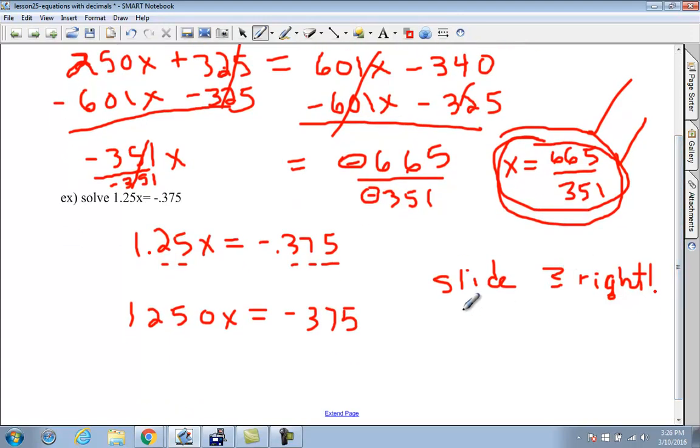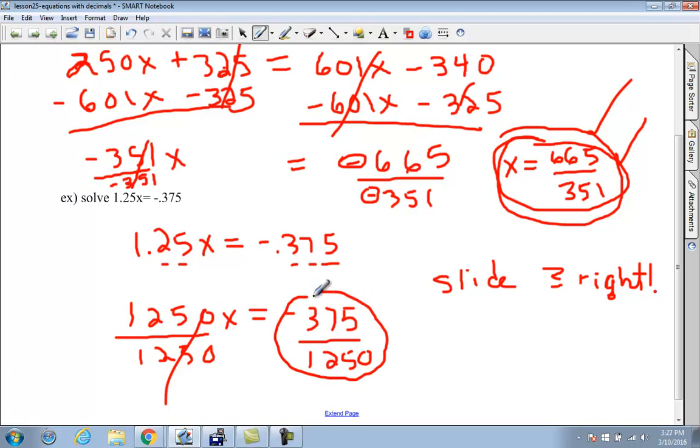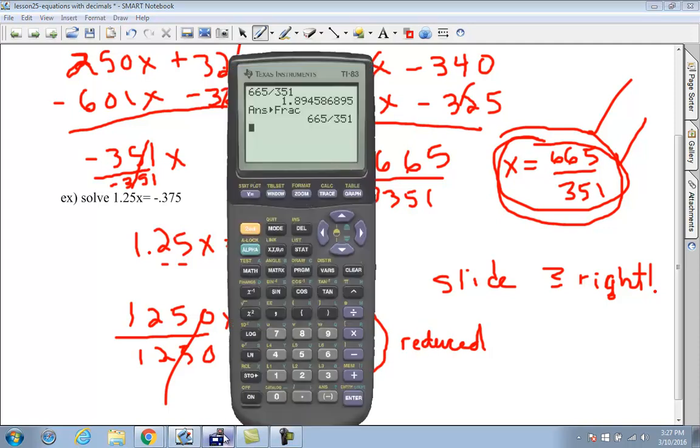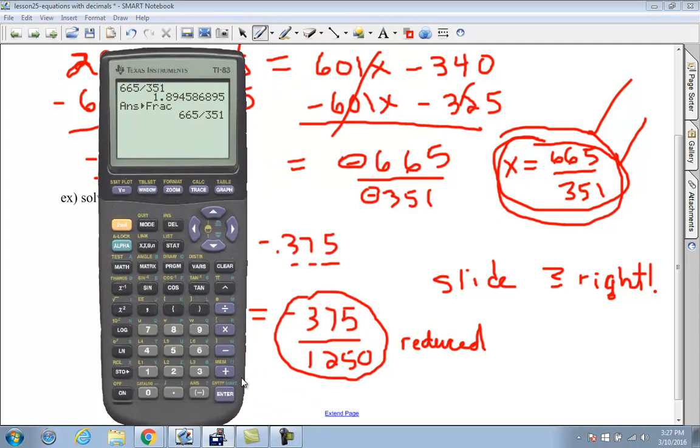And like I said, the final stage is just divide by the coefficient. And when you arrive here, this makes me happy. It's just that we'd like to see that reduced. And for time's sake, you know, I could divide by 25 or 5 until I got it reduced.